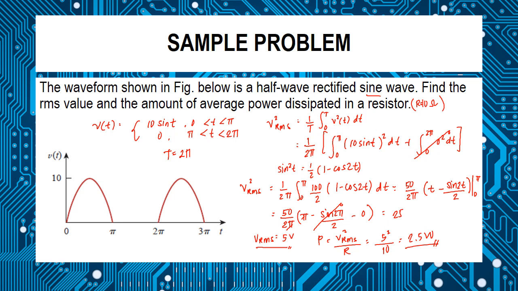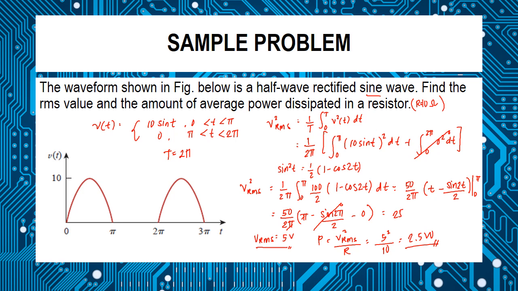So this will be equal to 0, and this is cancelled, so we have 25. So V RMS squared is 25, therefore V RMS is equal to 5 volts.